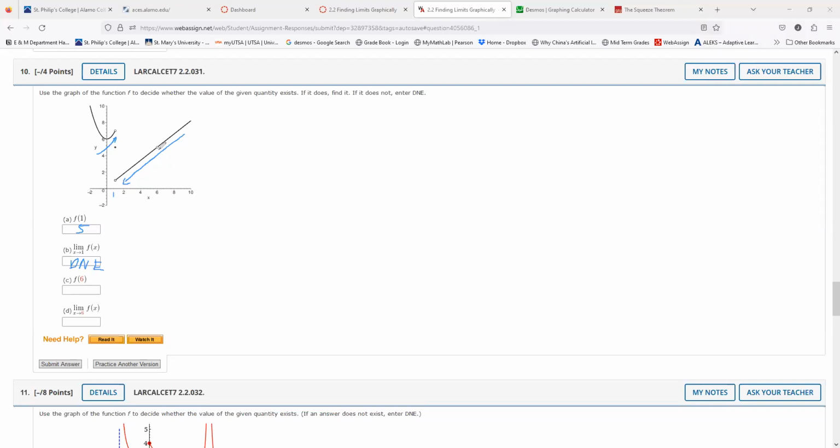Yeah, that looks like an open dot. So I would say it doesn't exist. Because at 1 we got 5. Over here it's undefined. I want to say D and E, but we'll check in a sec.